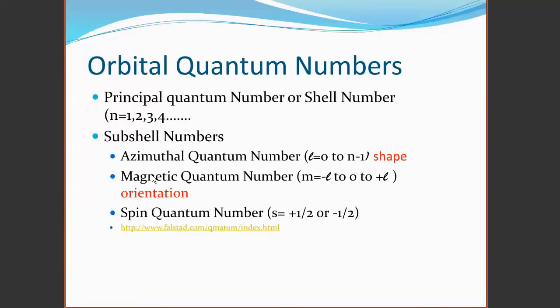The subshell can contain a number of orbitals. All electrons in a subshell have the same energy level, in the absence of an applied magnetic field.